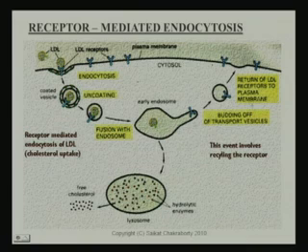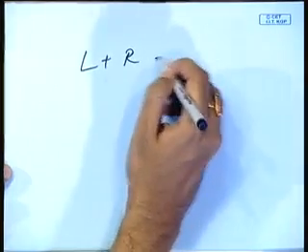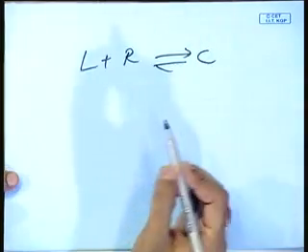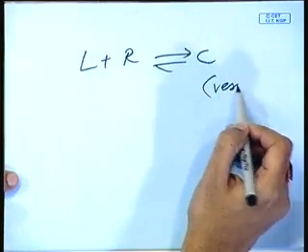Now, in the endosome, and I will discuss this, there is a pH change. Whenever the receptor-ligand binding process is taking place, what is the reaction? L plus R giving complex, right. So, in the vesicle you have this complex.